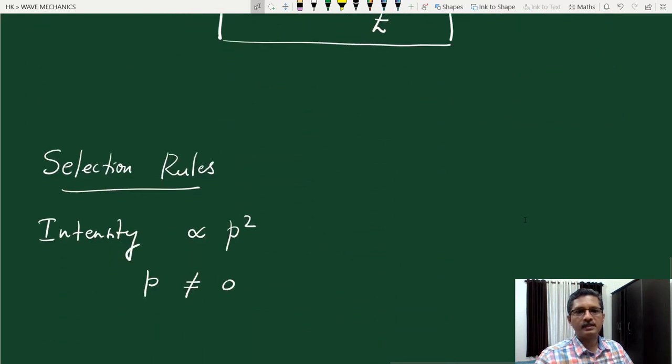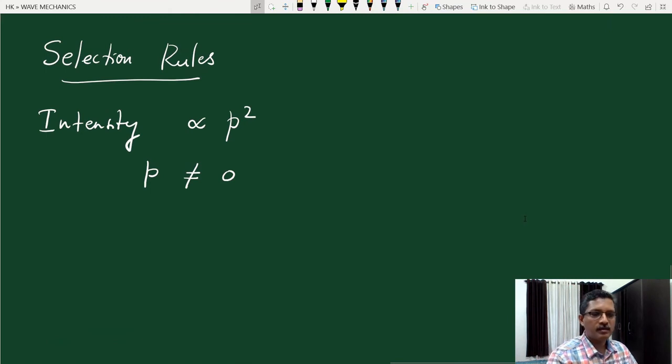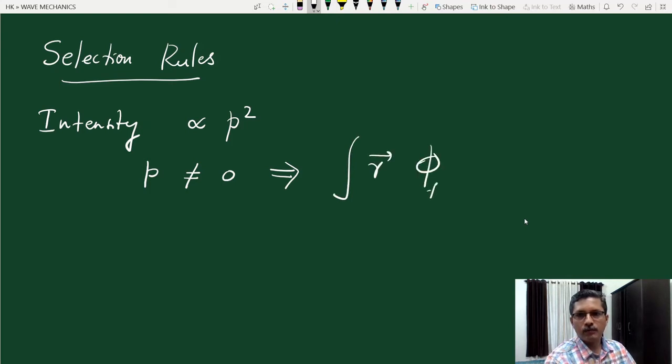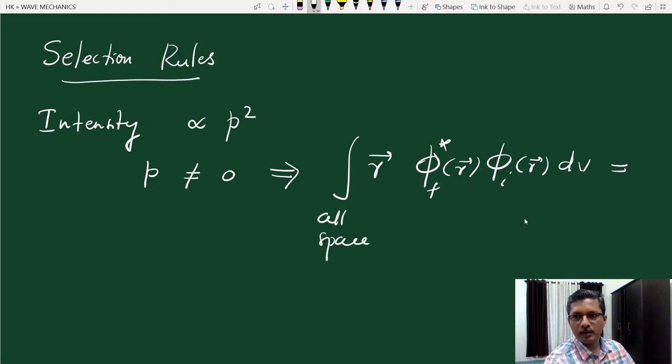So we can say that the general condition for a radiative transition is that this integral of r phi f star phi i, integration over all space, should be non-zero. This is the condition for a radiative transition in an atom.